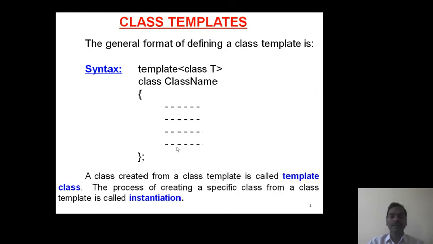Later we create a class from the template. A class created from a class template is called a template class. The process of creation is known as instantiation.